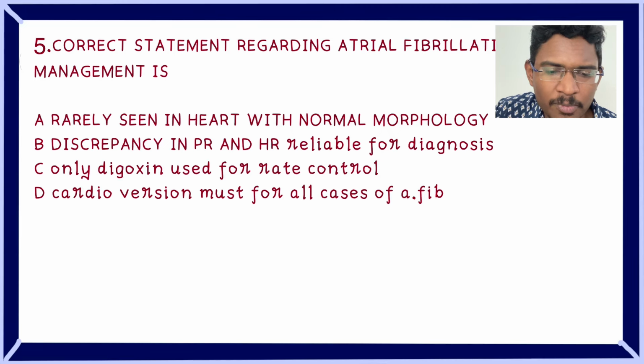But for patients like rheumatic heart disease, severe mitral stenosis or severe mitral regurgitation where the LA is hugely dilated, what can happen if you do rhythm control by giving cardioversion? It should not be done actually, because this dilated LA is a source for thrombus to settle there. When you do cardioversion, the rhythm changes from atrial fibrillation to normal sinus rhythm.